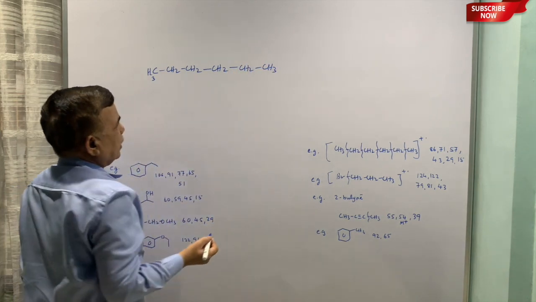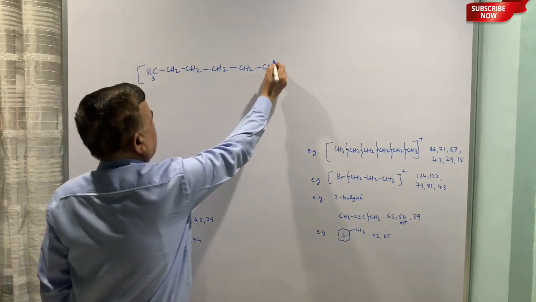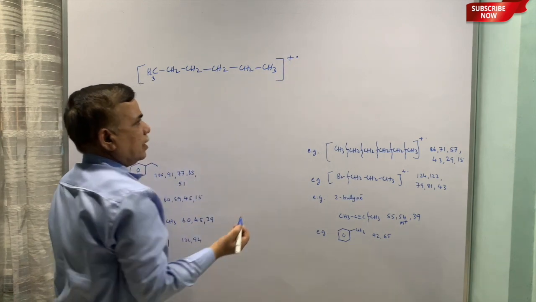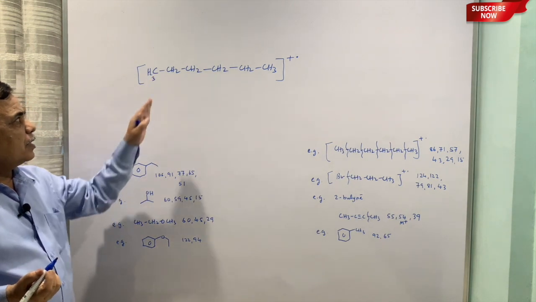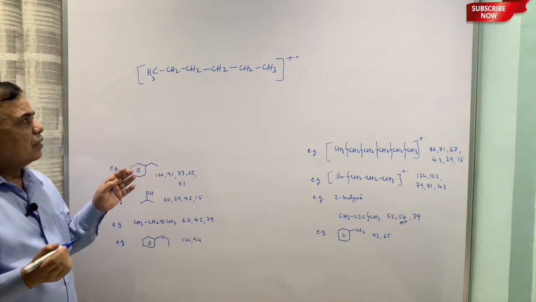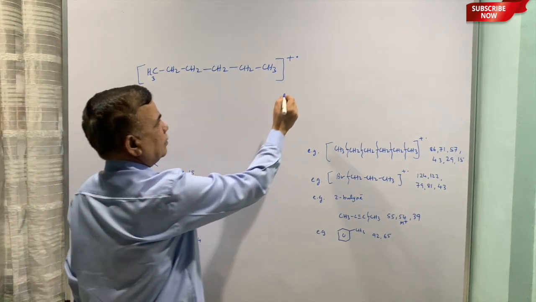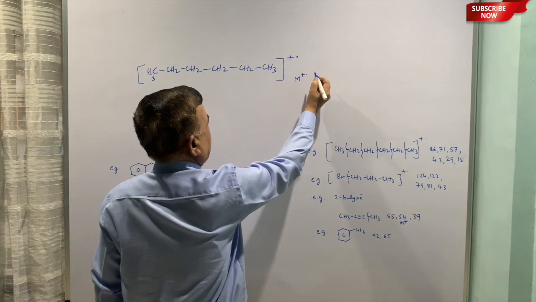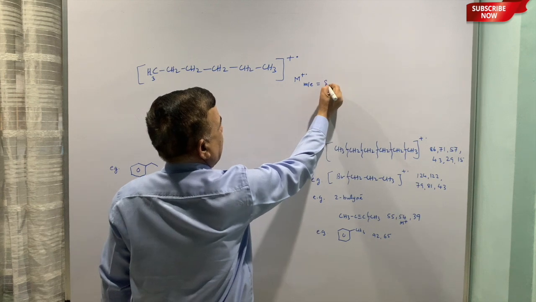This is n-hexane, and the easiest thing is to put a radical cation in square bracket, because we cannot break this sigma bond, otherwise this skeletal will get disturbed. Now, this is your M plus radical, m/z is equal to 86.